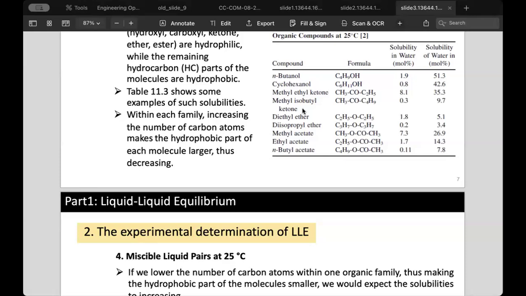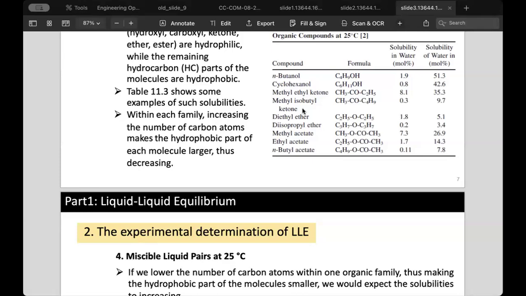For example, butanol. Butanol contains a hydroxyl group, OH, okay? And it induces polarity, right? Electronegativity is not balanced across the charge. The electron density at every part of the molecule is different.